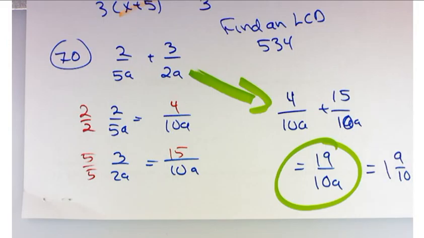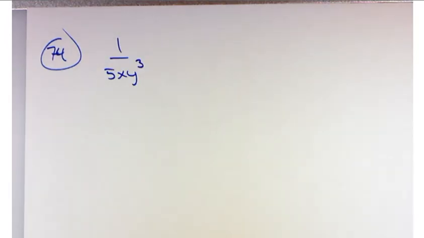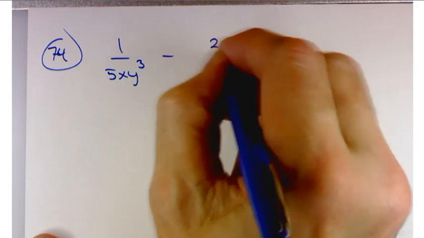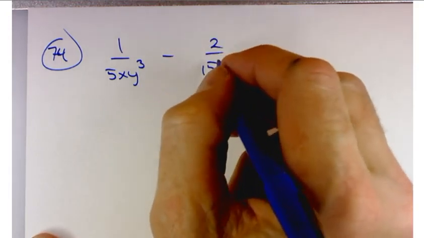Let's try problem number 74. Kind of edging our way up here in terms of level of difficulty. So 1 over 5xy cubed minus 2 over 15x squared y.